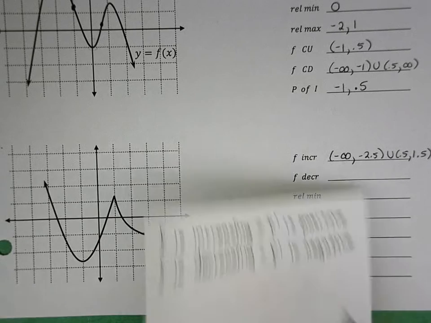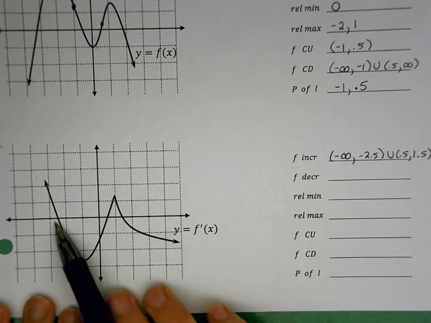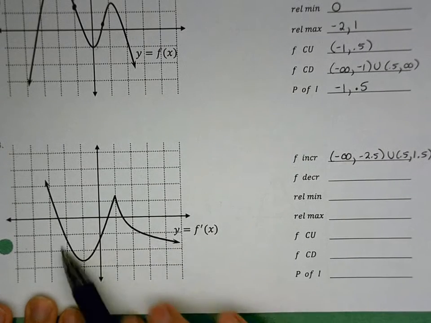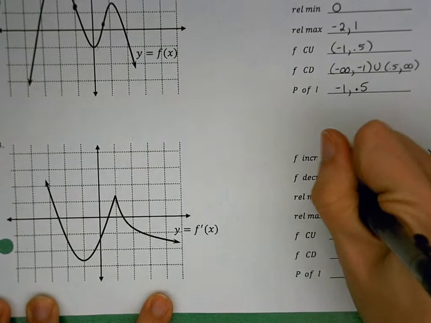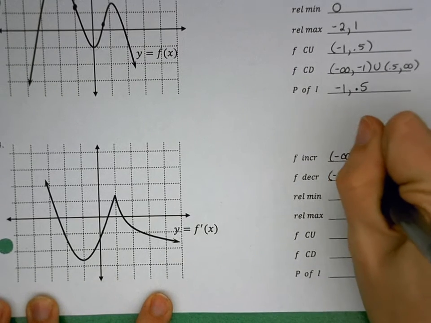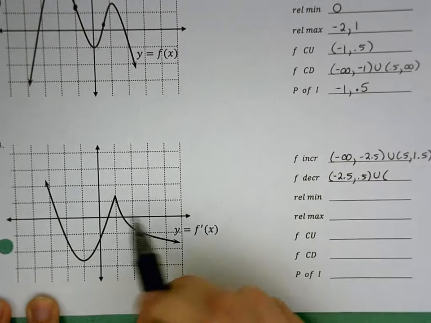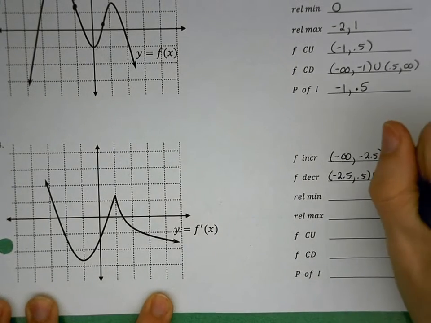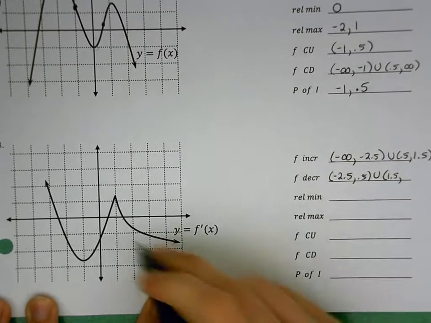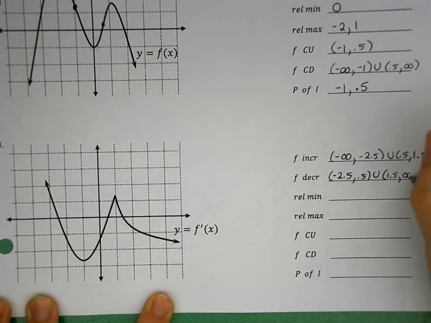And so that's what I'm going to be looking for. Where is f prime negative? Well, f prime is below the x-axis here, which is from -2.5 to 0.5. And here, on this last part of the graph, from the 1.5-ish number that we talked about, out to x is infinity.